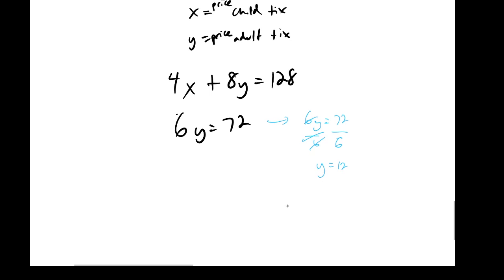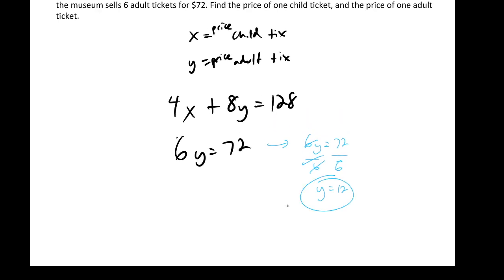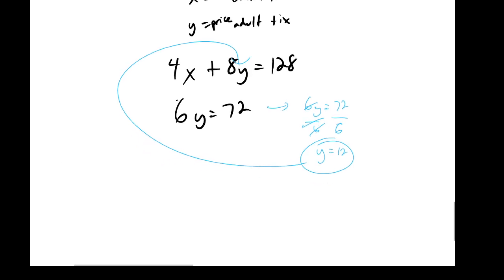We already know then the adult tickets. Take this guy, throw him in here, and that's going to give me 4x plus 8 times y, which is 12, equal to 128.